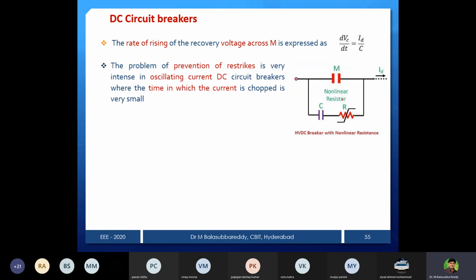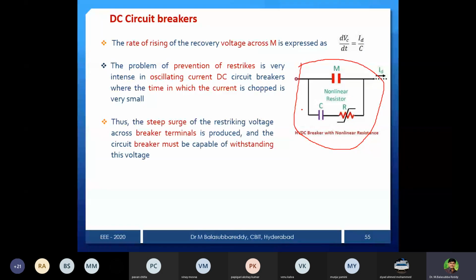The problem of prevention of restrikes is very intense in an oscillating current DC circuit breaker, where the time in which the current is chopped is very small. So in this scenario, the time taken to chop the current, or the operation, is going to be very small.